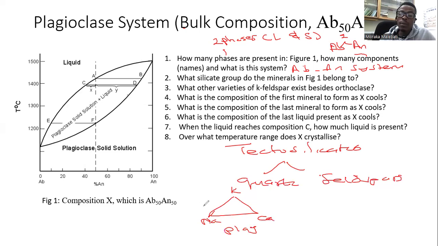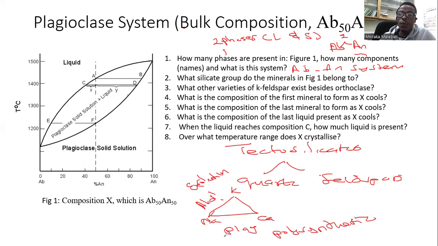These ones we call the alkali feldspars. How can you optically and physically identify the alkali feldspars? You will see exsolution lamellae, and especially optically, you will see polysynthetic twinning. I hope you understand that.